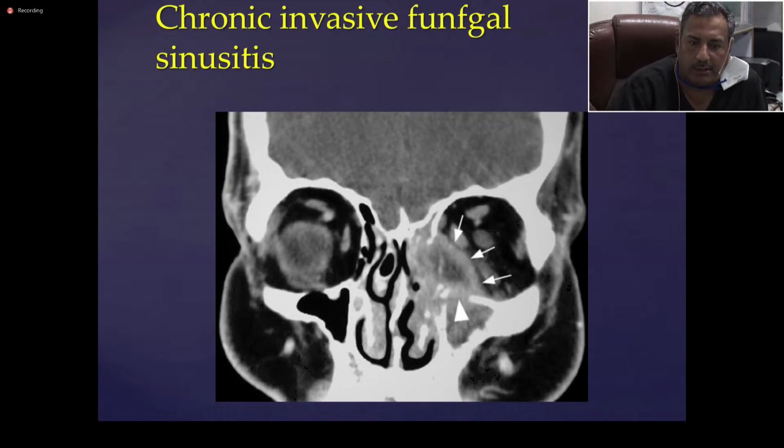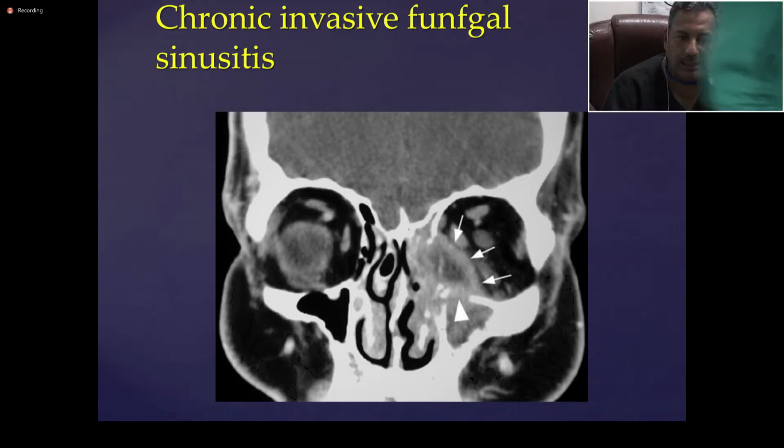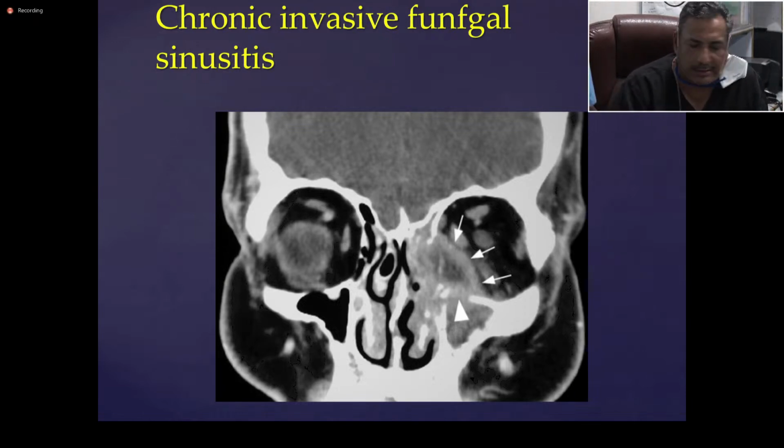The difference from non-invasive fungal sinusitis is that here the fungus invades the underlying mucosa and goes extra-sinus. The gold standard for final confirmation is histopathology. The histological proof of invasion of the paranasal sinus mucosa by the fungal hyphae is the final diagnosis.